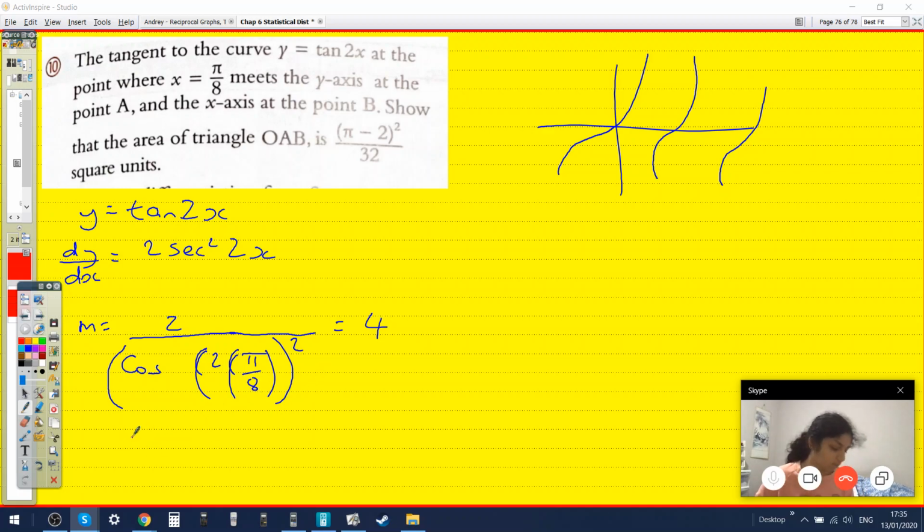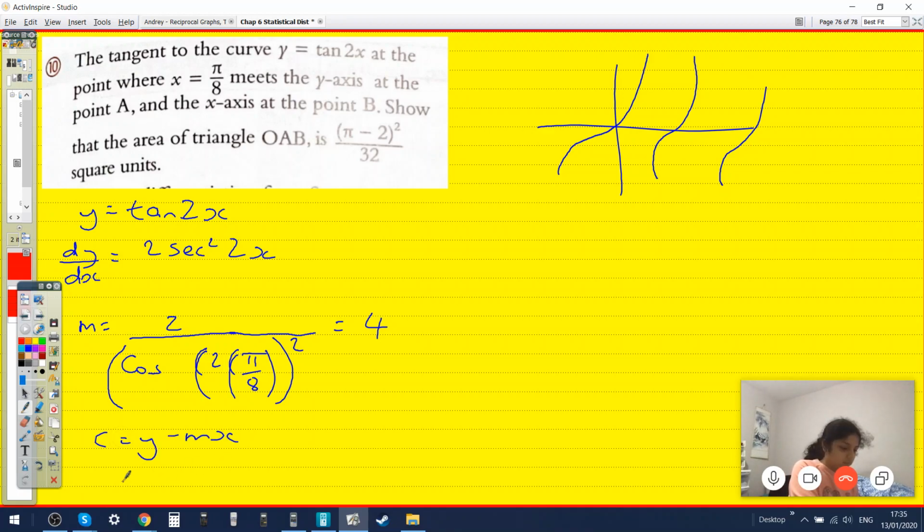And y was 1, was it? Minus 0.57. What did you sub in? Pi over 8, to find c, is it?